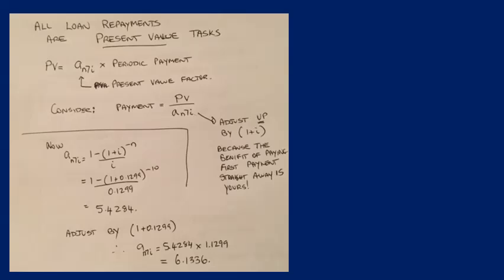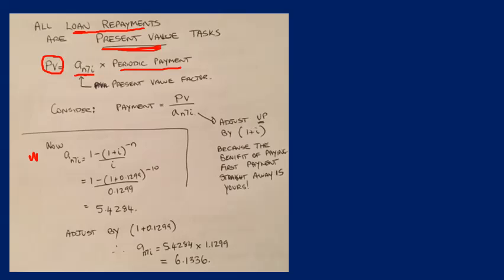As mentioned in the previous slide, all loan scenarios where there's a repayment are going to be handled as a present value task. So the formula becomes about the present value, and this here is a present value factor. We're going to find that using the formula detailed below. You don't need to remember that, but effectively we're going to find a present value factor and a series of payments.